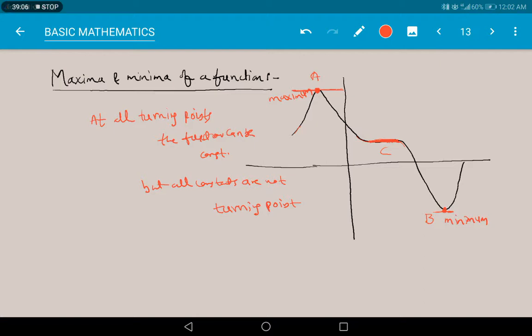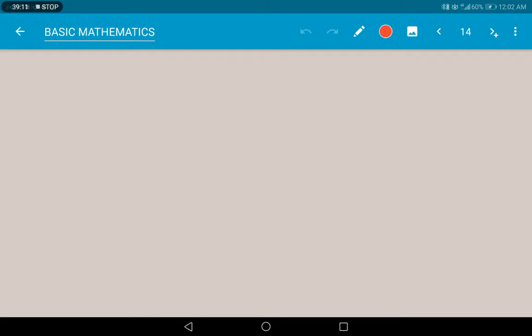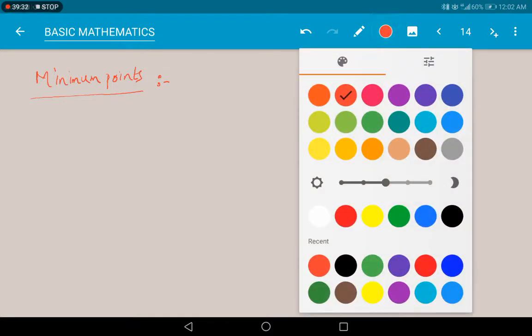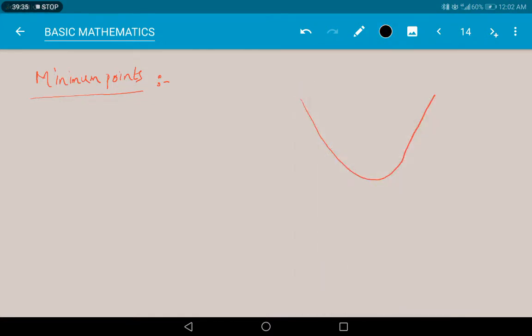Sir, how to find out the maximum and minimum value? Let us discuss about minimum points. So at minimum points we can see the graph like this. Okay, if we observe the graph carefully, here the variation of the function, dy by dx, nothing but slope only.